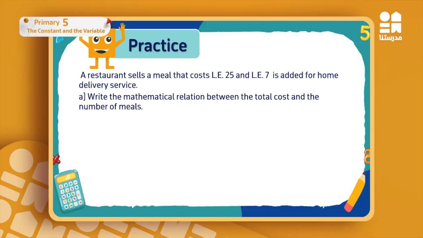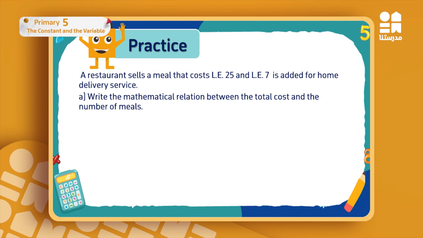Now let's practice. A restaurant sells a meal that costs LE 25 and LE 7 is added for home delivery service. The restaurant didn't have a home delivery service, and all of a sudden went to a new app or application and said, I will offer delivery service for a certain fee, which is the LE 7.